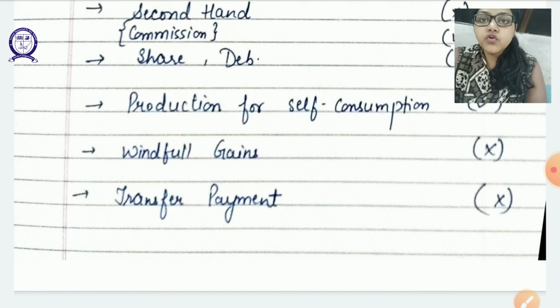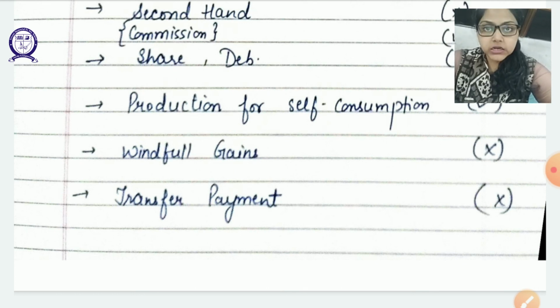Windfall gains means if you are gaining from a lottery or horse race, or losing in that, that will also not be included in national income. And the last one is transfer payment, which is never included in national income, whether in your income method, value added method, or expenditure method. So here our three methods are completed one by one. Thank you.